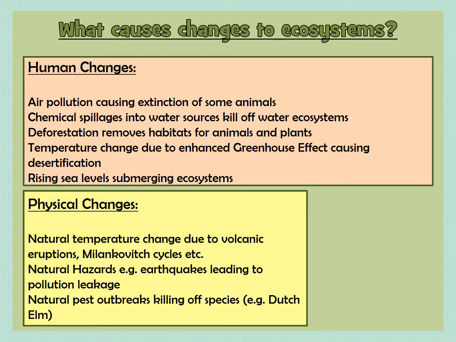Physical changes, then, we have natural temperature change because of things like volcanic eruptions and those Milankovitch cycles, which is where the orbit of the Earth around the sun changes shape. Natural hazards like earthquakes.